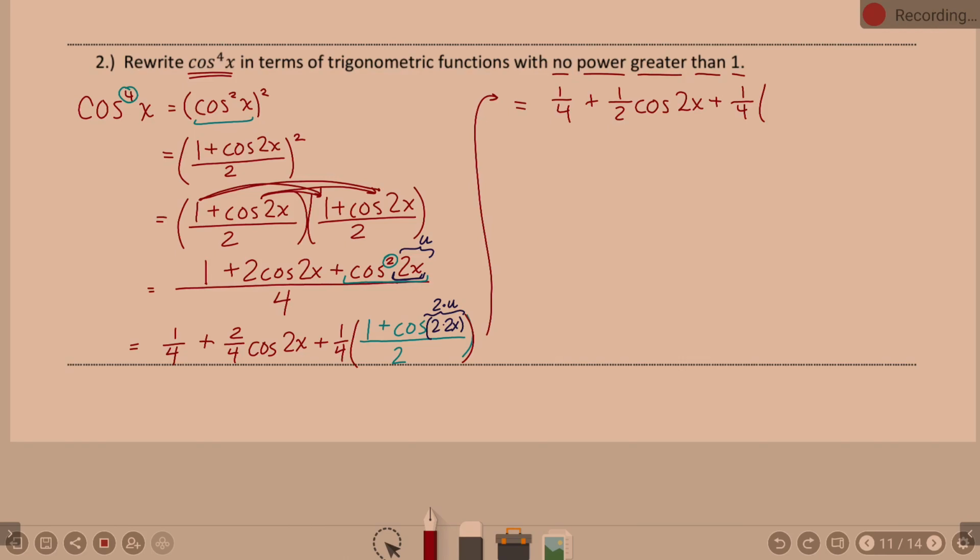Instead of having one big fraction, we're going to split it into two terms. My 2 is the denominator in both terms, yes? So that means the first term within my parentheses is going to be 1 over 2, or in other words, 1/2, plus, when I divide this cosine by 2, well, what's the invisible number out in front of cosine? 1. So this is a 1/2 cosine of 4x.